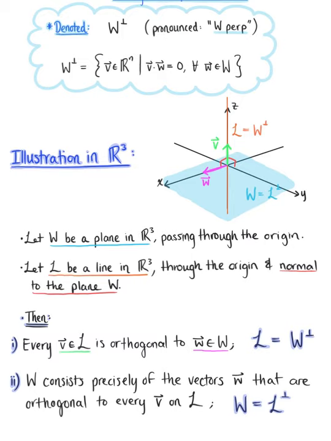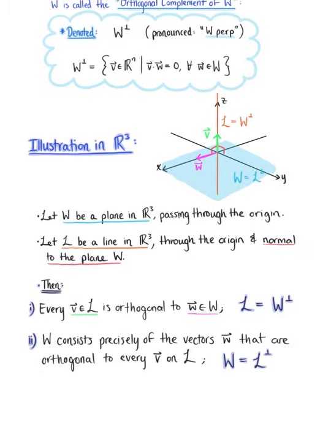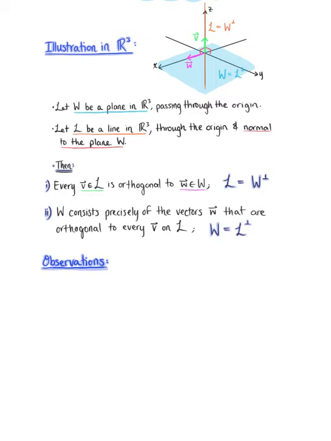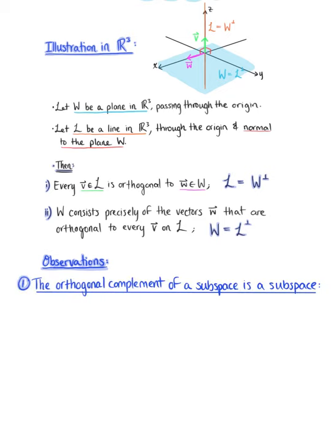Now, using this illustration, we can actually observe some pretty cool and interesting properties that occur with orthogonal complements. So the first property that we're observing here is that the orthogonal complement of a subspace turns out to be another subspace. And we can see this with the two conclusions above. We can see that the complement of the subspace W equals the subspace L, and that the complement of the subspace L is equal to subspace W.